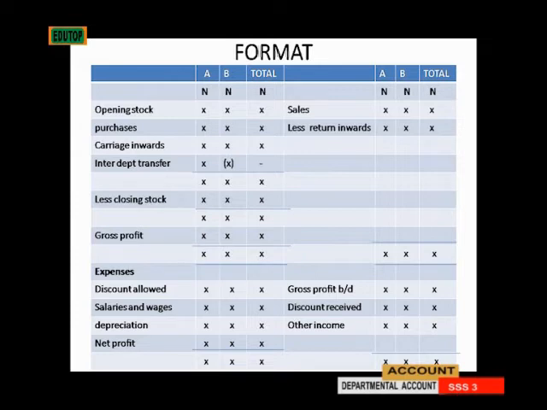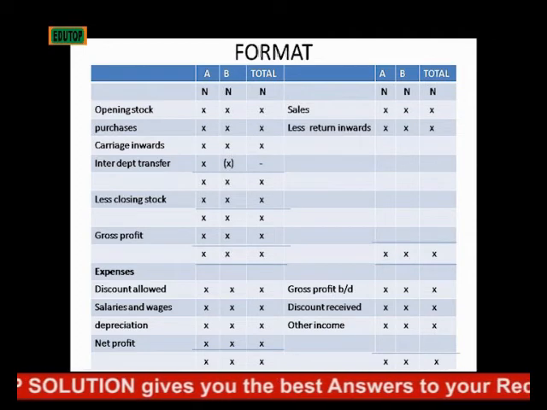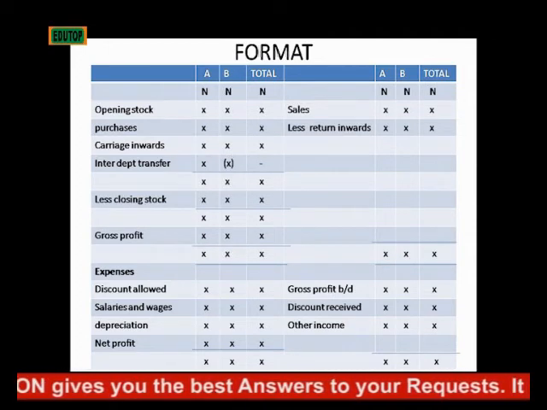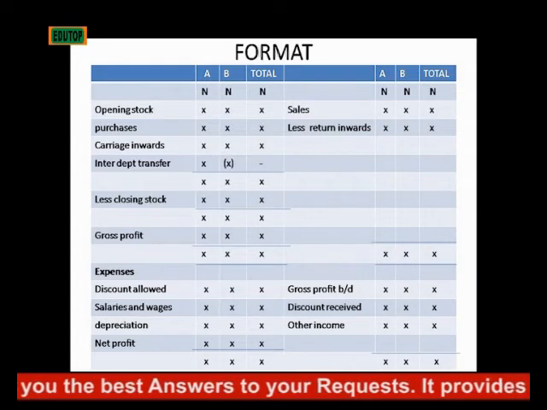There are some questions. The question can come in that form, whereby you'll be told that goods are transferred from department A to department B. Now, how do we go about it? Looking at the format, you will see that the department B is bracketed.